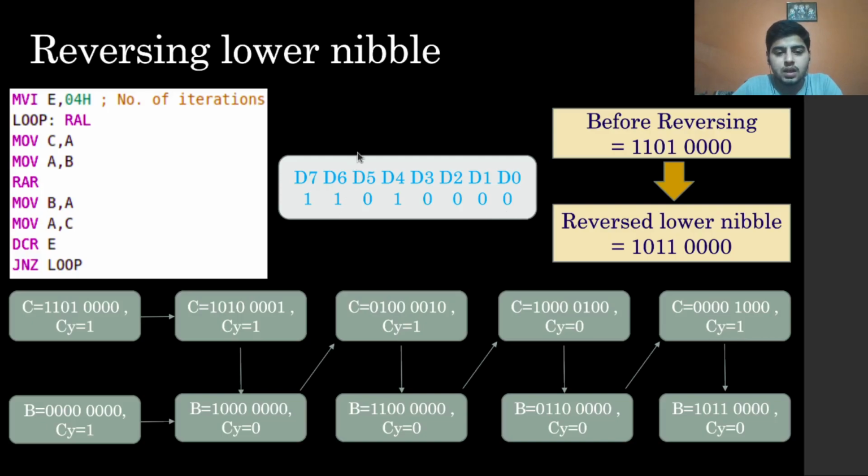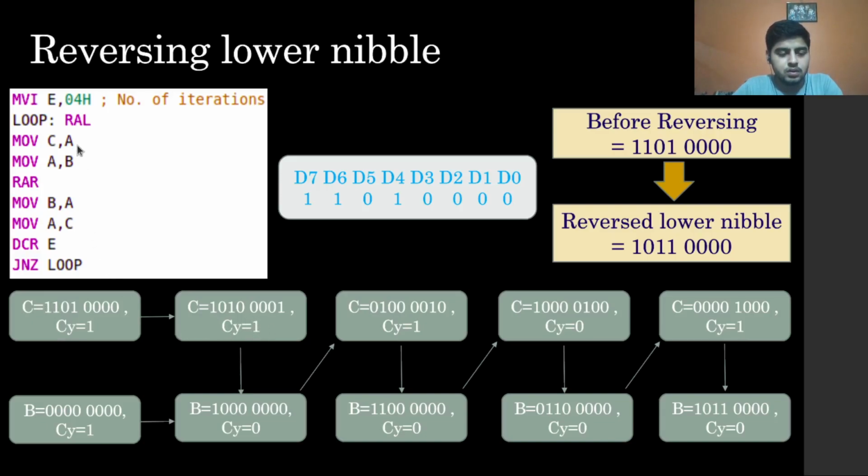It means the value of carry flag will get transferred to D7, and the D0 value will be transferred to carry flag, and all other bits will just move rightwards. This is exactly what is happening in this case here. The carry value is 1, so when we rotate it leftwards, it will get transferred to here, and this one will get transferred to carry.